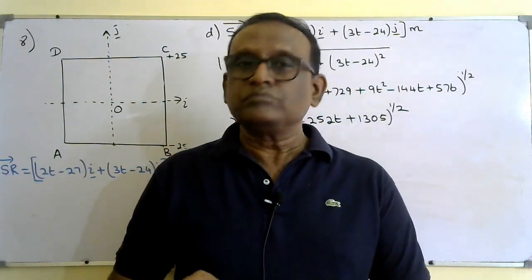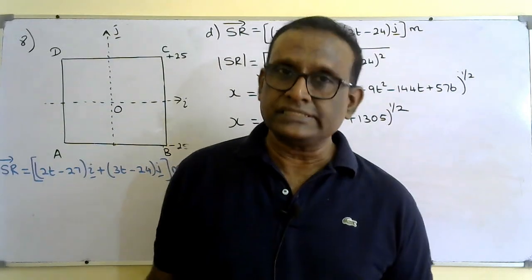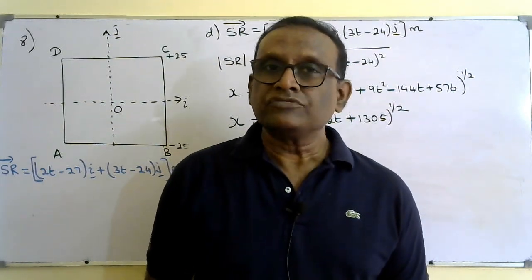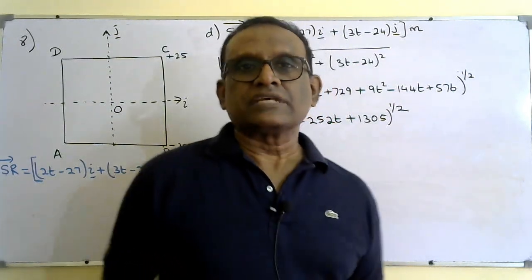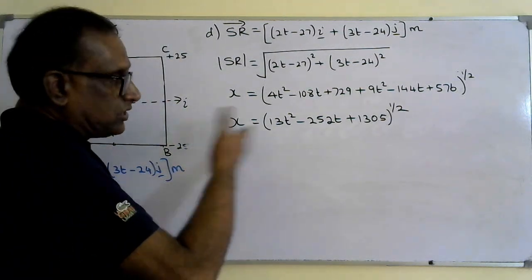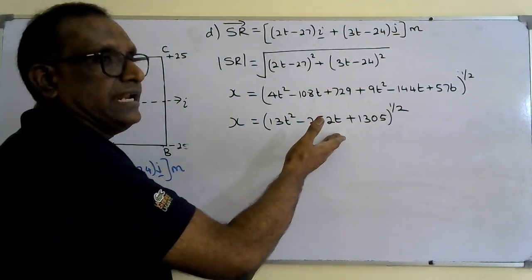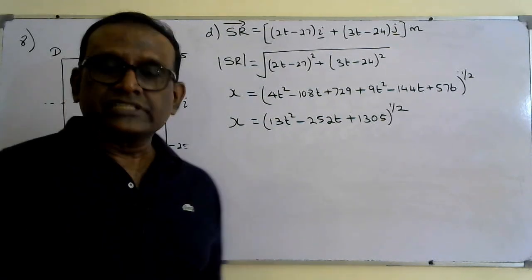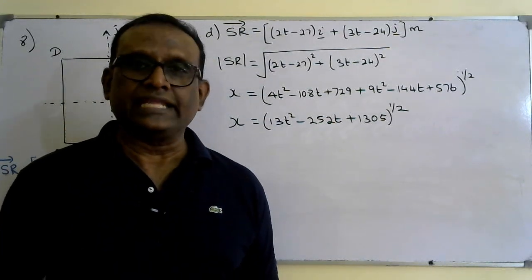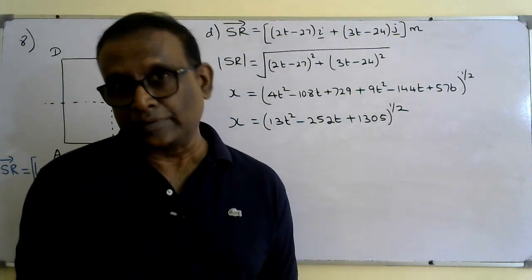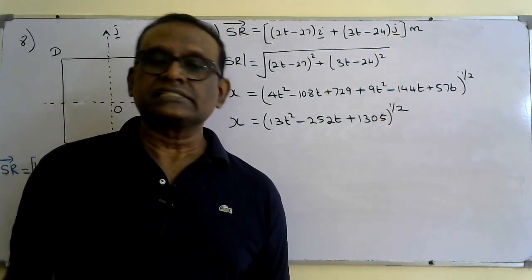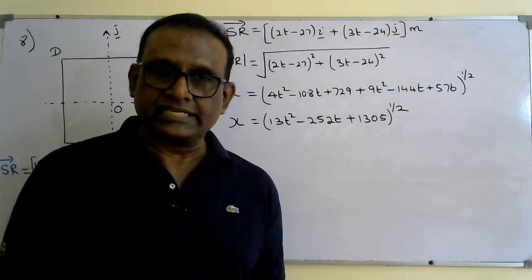So when the time changes, the distance is going to change. They asked to find the minimum distance. The distance is a function of time t, and to find the minimum, the differentiation must be equal to 0. dx over dt must be equal to 0 to find the minimum or maximum, you know that. If there's a function, to find the minimum value, we have to differentiate and set it equal to 0.